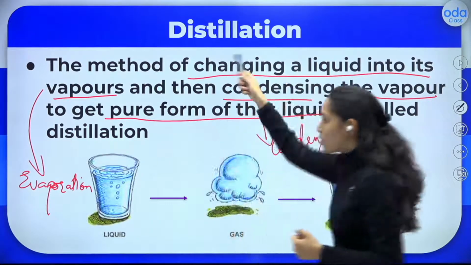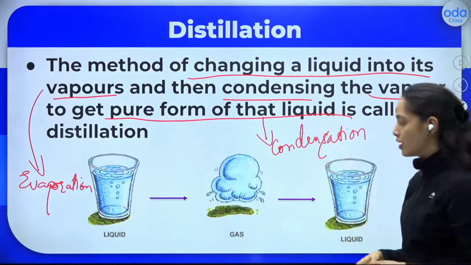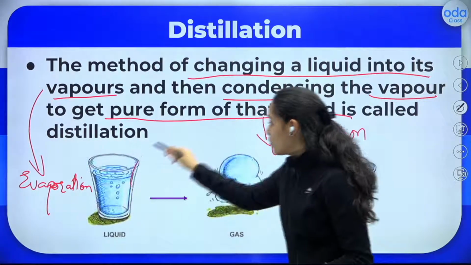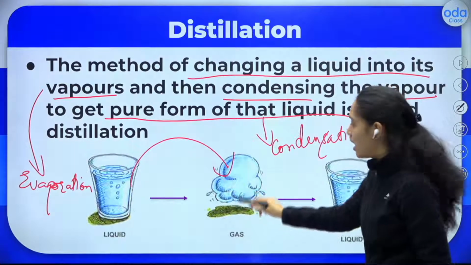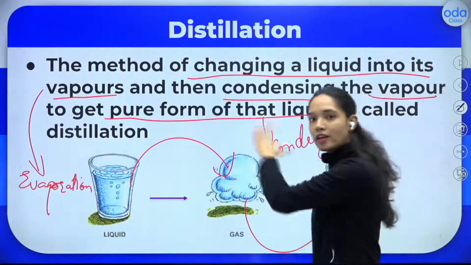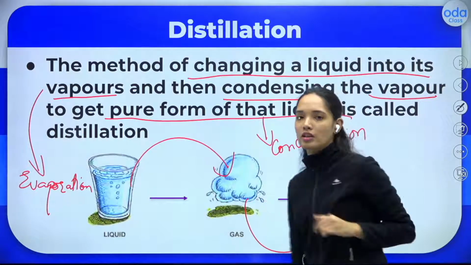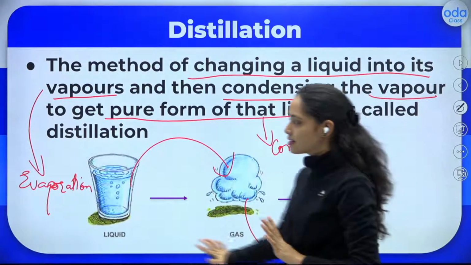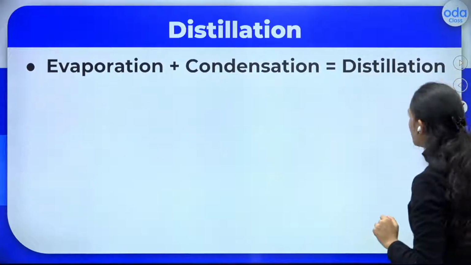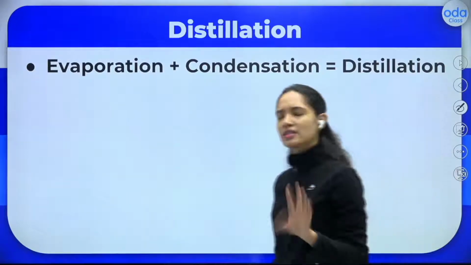So students, this process is called distillation, where a liquid is transformed into gas, and now this gas is transformed back into liquid. So this whole thing goes on in the distillation unit. Students, it's very easy to remember.